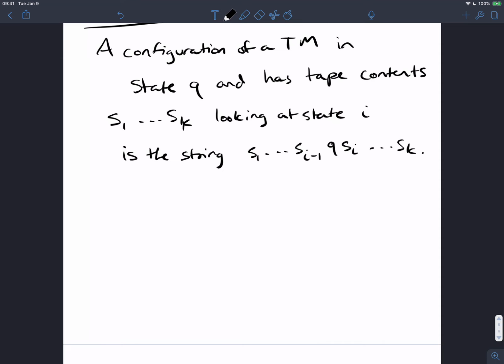So I can look at where the differences are in adjacent configurations, and I can say, oh, yeah, that's exactly this transition that occurred over here that caused this to occur in the next one, and then the next one, and then the next one. And then we're going to say that the Turing machine accepts an input if the last configuration at the very end lands in the accepting state. And it says no on the input if it ends in the rejecting state.